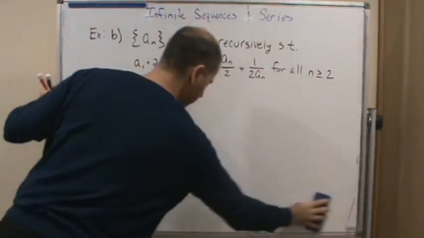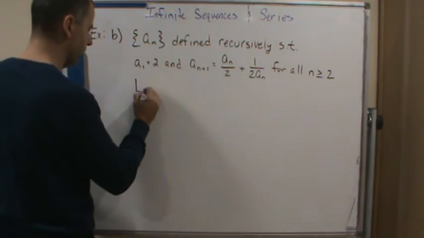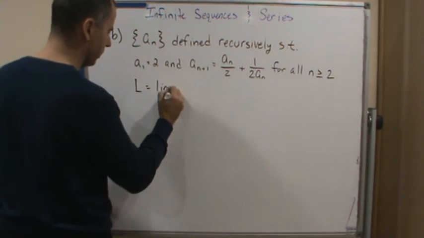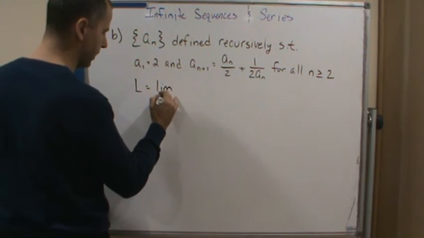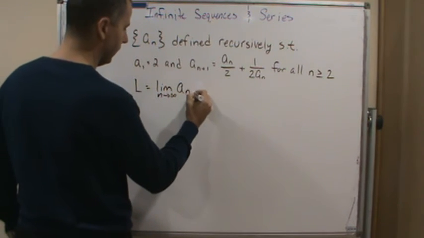We need to figure out where this thing converges. Since it does converge, we want to find the limit, the real number L that equals the limit as n approaches infinity of a sub n.